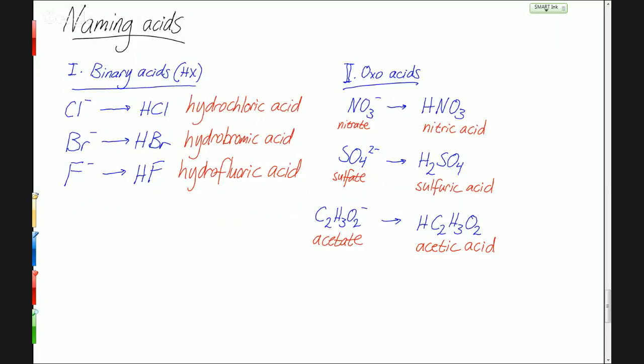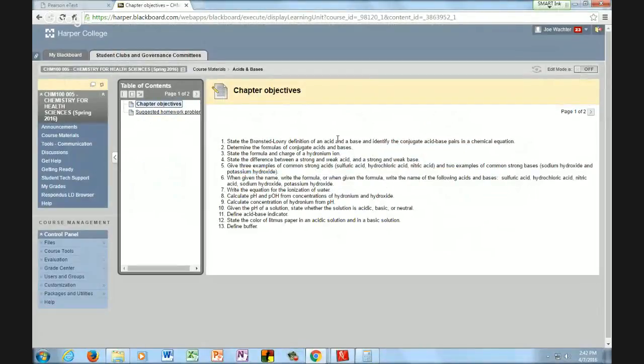I don't think you need to know that formula. Let's check Blackboard again when you're finished writing. Flip back and take a look at it. So you need to know sulfuric acid, hydrochloric acid, and nitric acid.